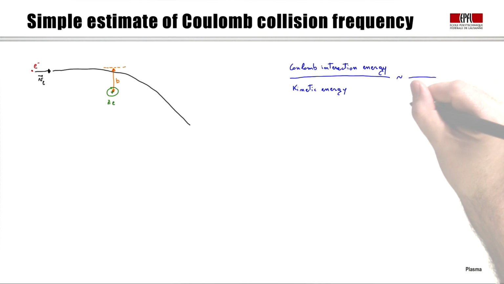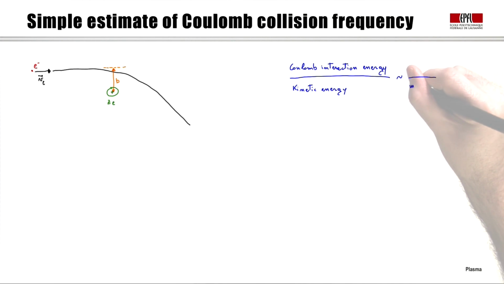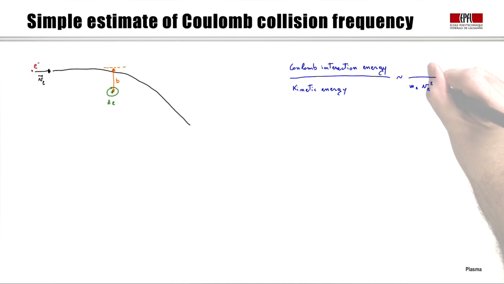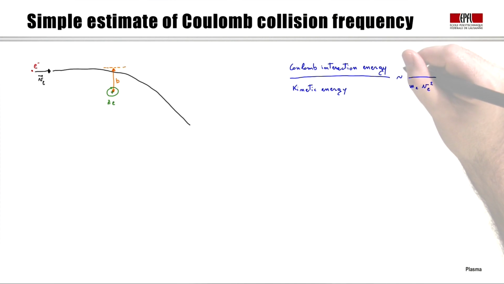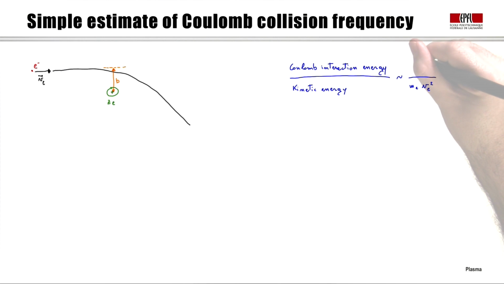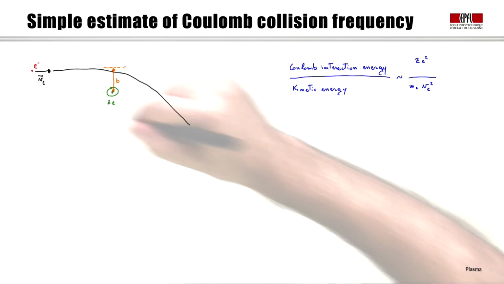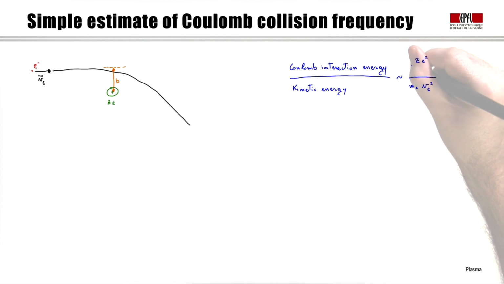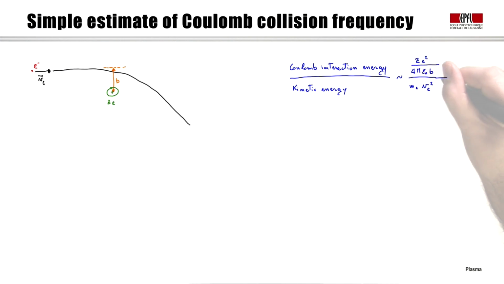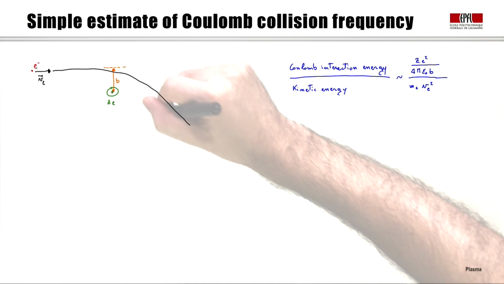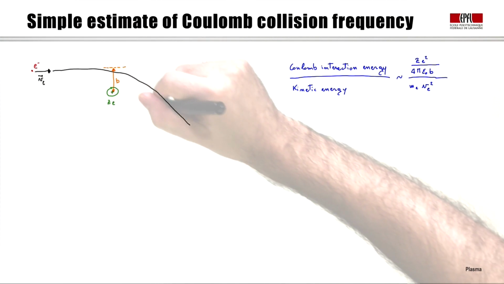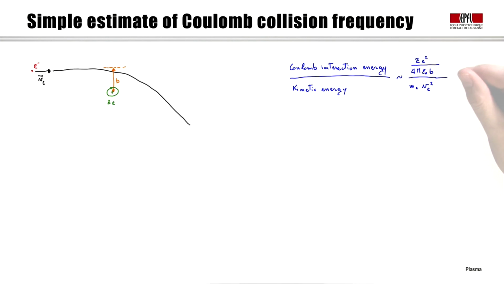That is, for the kinetic energy, m_e v_e squared, and for the Coulomb interaction energy, this will be given by the product of the two charges of the two particles divided by 4 pi epsilon 0 b. And the deviation of the trajectory will start to be important when this ratio is about 1.